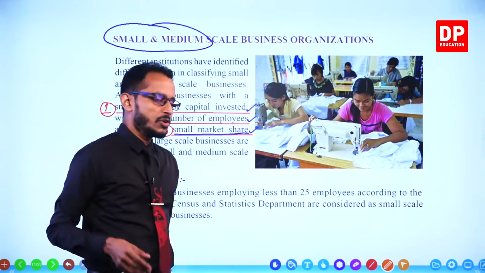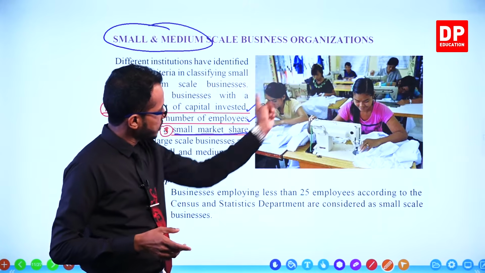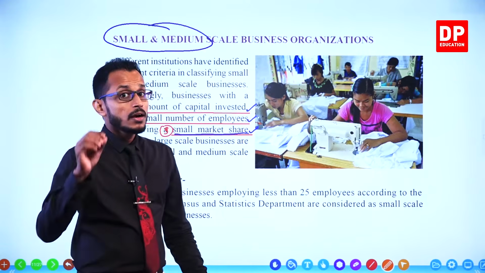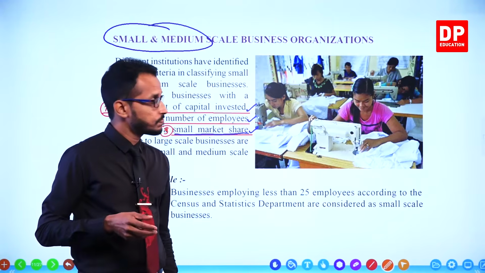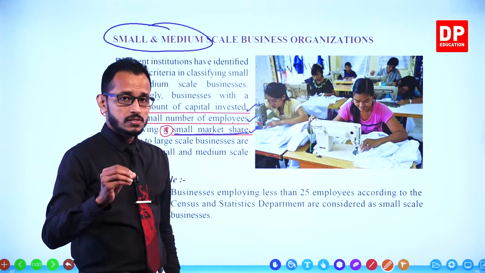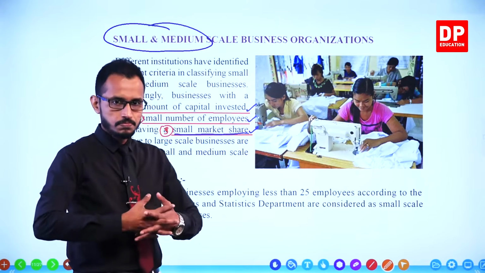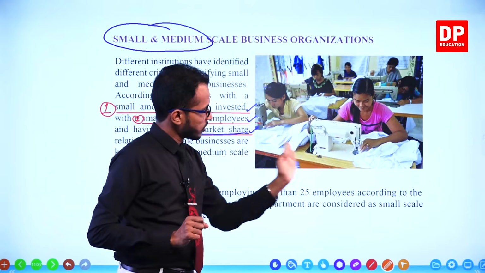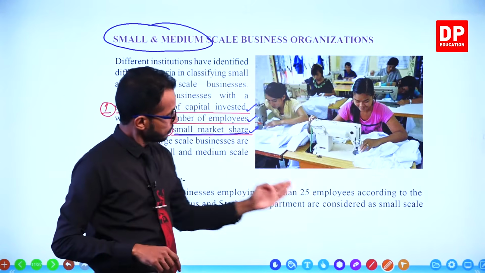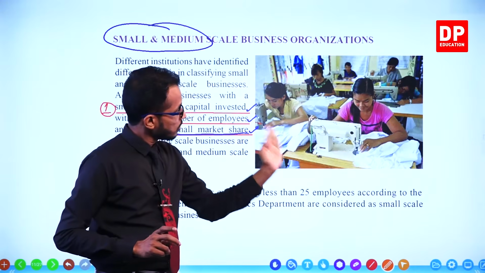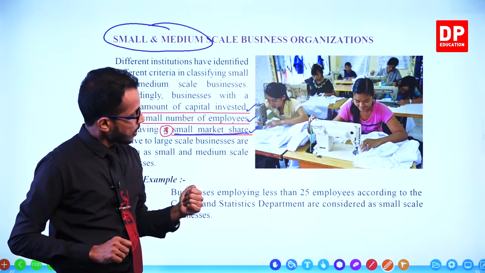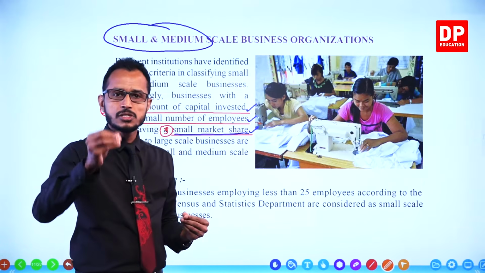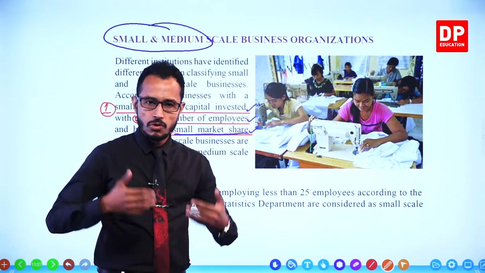Say your mother has this type of a small garment workshop or a factory like the one shown here, and they are producing girls' school uniforms, white color uniforms.